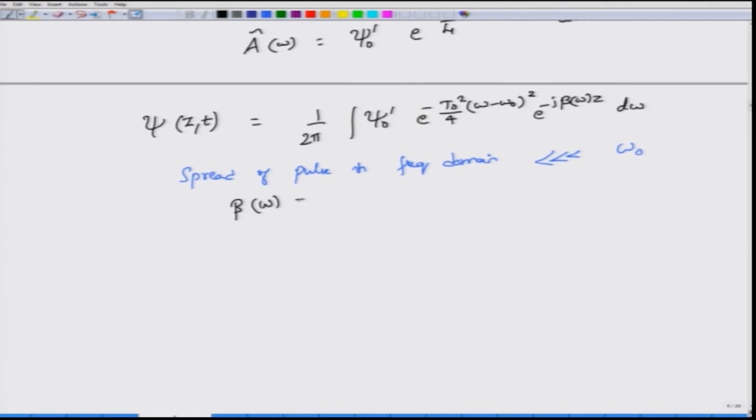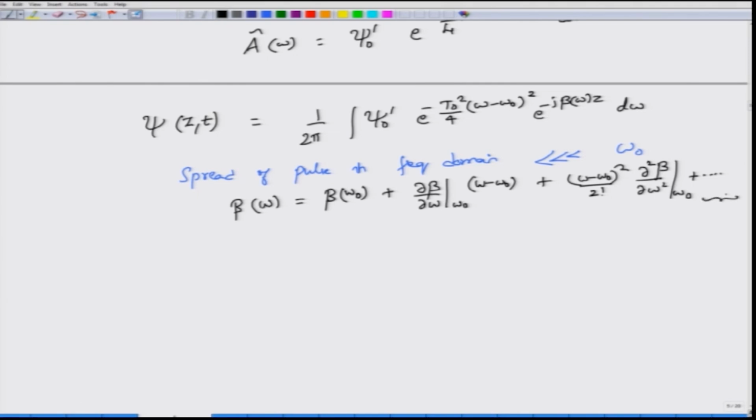I can write this beta of omega as the Taylor series expansion: beta of omega 0, plus del beta by del omega evaluated at omega 0 multiplied by omega minus omega 0, plus omega minus omega 0 square by 2 factorial, 2 factorial is 2 of course, and then del square beta by del omega square evaluated at omega 0, plus so on.